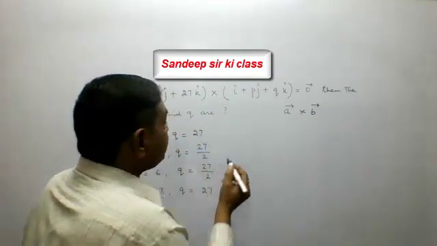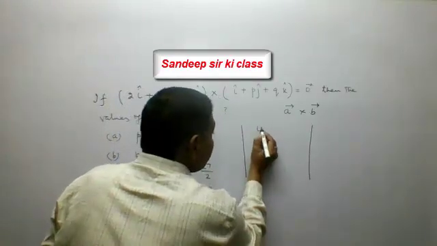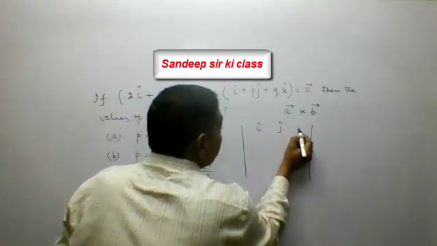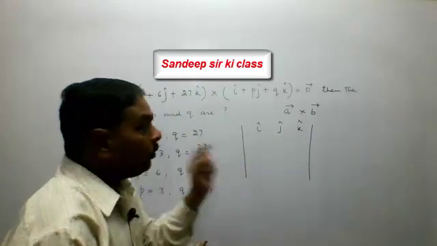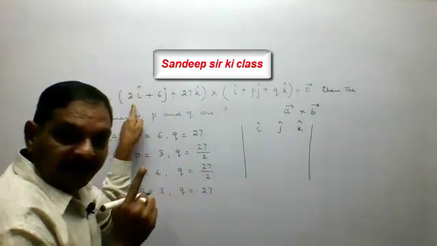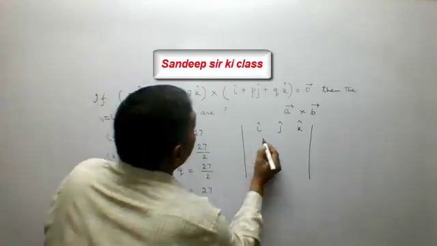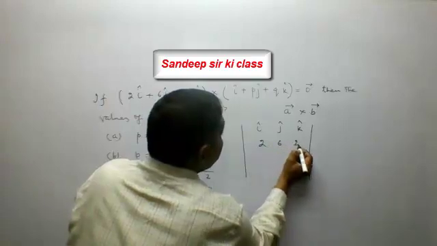Now the determinant is to be made from this given vector. i, j, k we write in the first row, then the coefficients of i, j, k of the first vector: 2, 6, 27.